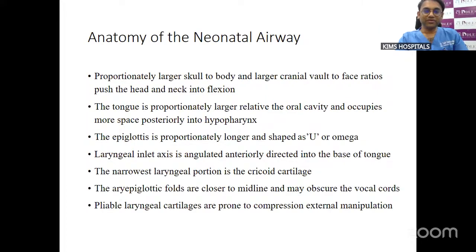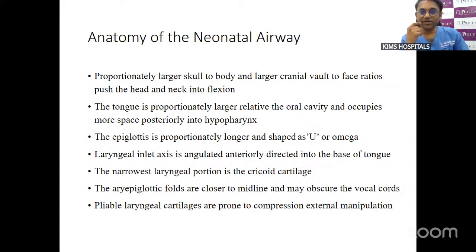When compared to the adult airway, the neonatal airway is quite different. Neonates have a large skull relative to the body; in fact, the skull is around 19% of the body compared to 9% in the adult. They have a large cranial to face ratio. All this pushes the head and neck into a flexion posture, which itself can lead to dynamic obstruction at the upper airway.